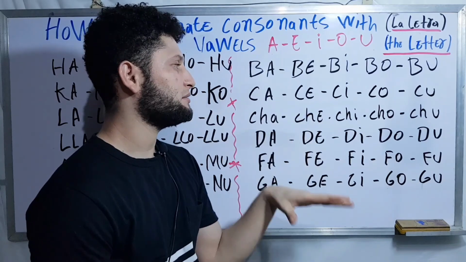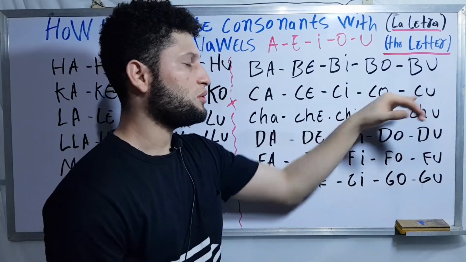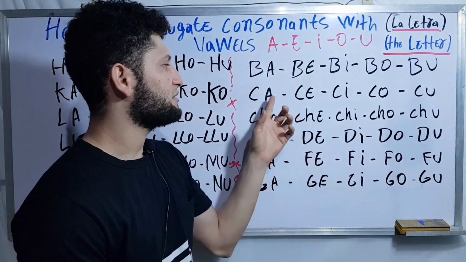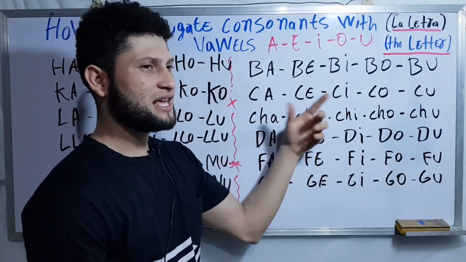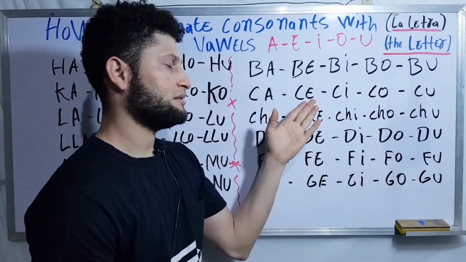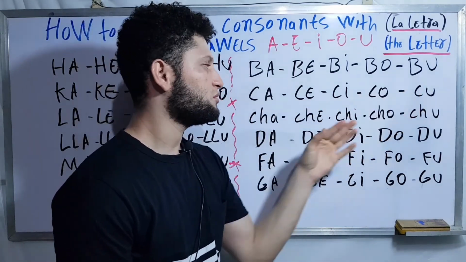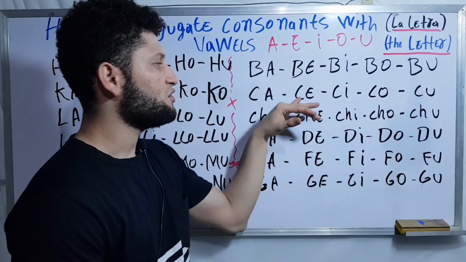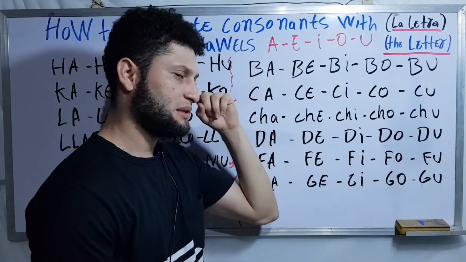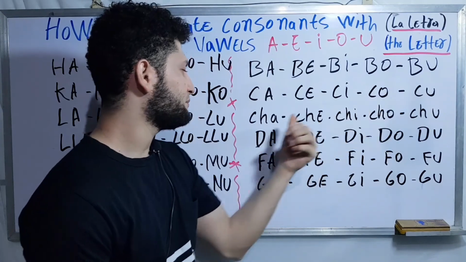Once again, by default it sounds like this: ca, ce, ci, co, cu. Maybe one of you can say there's one sound que, qui, because there's one sound ca, but it's not like this. I will explain these more in a few minutes. So far, keep in mind it is ca, ce, ci, co, cu.